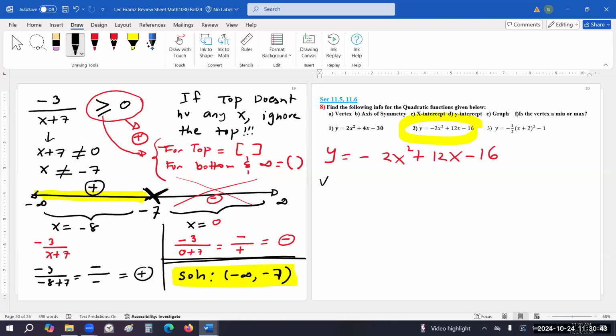Step 1, find the vertex. Do we see vertex here? Is it given to us directly? No. If we don't see it, that means it is formula. What's the formula for the x value of the vertex? Who remembers the formula for the x value of the vertex?